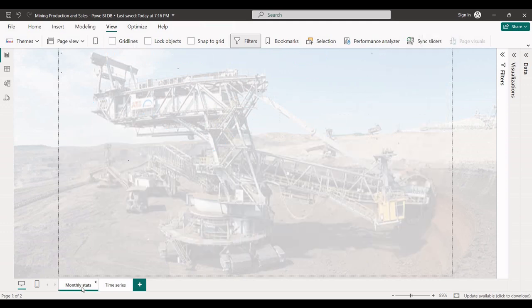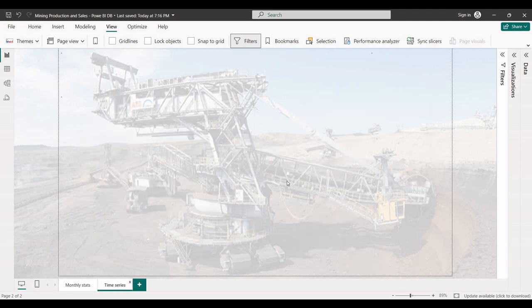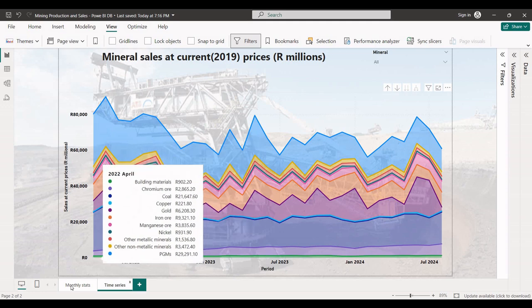So in terms of visualization, nothing too advanced was used. The basic default graphs from Power BI we used: donut chart, horizontal bar graph, and stacked line graph.